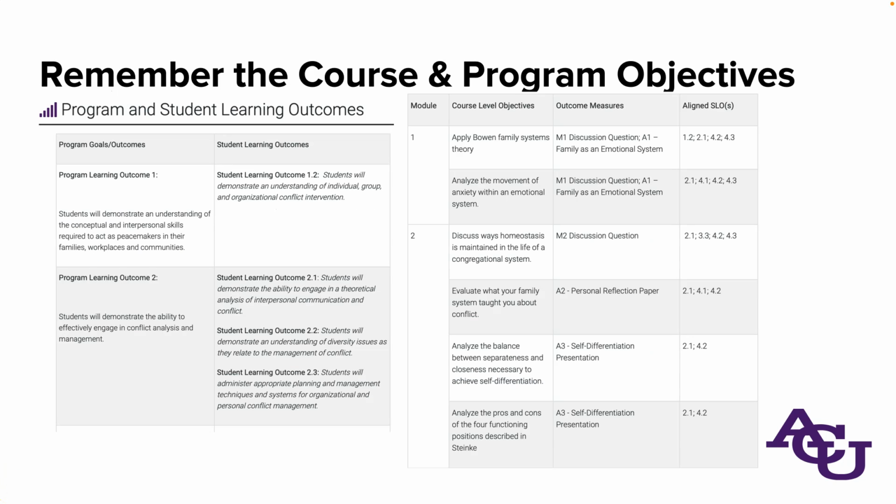Now, this is a good time to look back at the program and student learning outcomes for this course and for this module. Because as I mentioned earlier, with reflections, one of the most important things is how you connect it to your larger purpose.